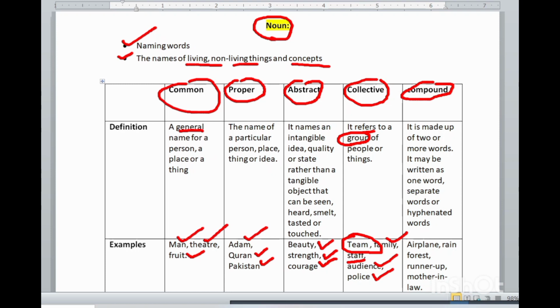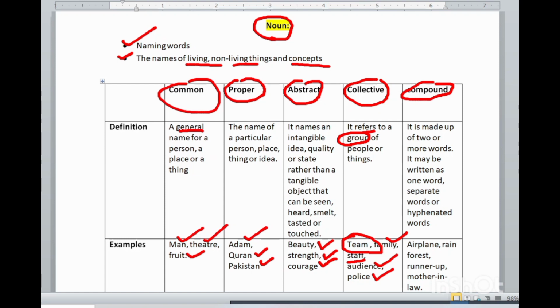And the last example is the compound noun. It is made up of two or more words. It may be written as one word, or separate words, or hyphenated words. It can be written as one word, but it is a combination of more than two words.